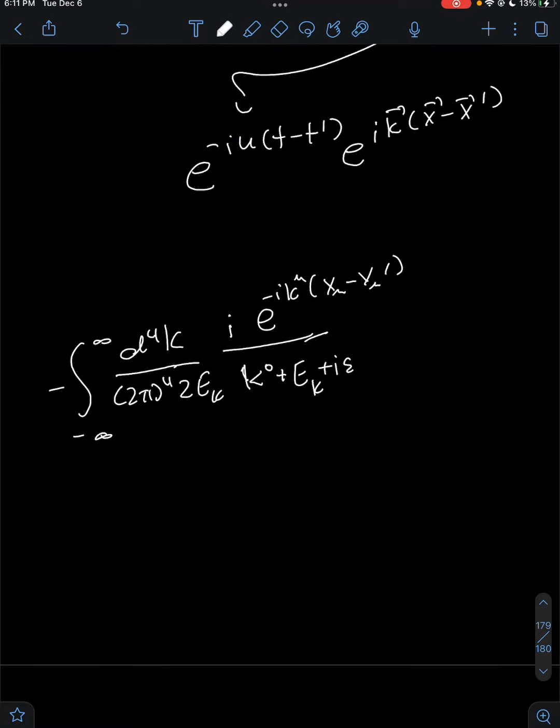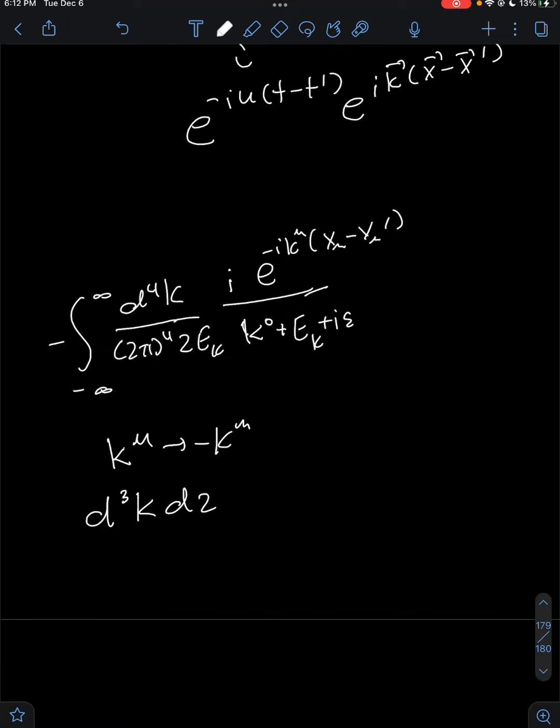But the reason is that if we are changing the k vector to be minus k, what happens to d3k? So we had d3k and then dz, right?